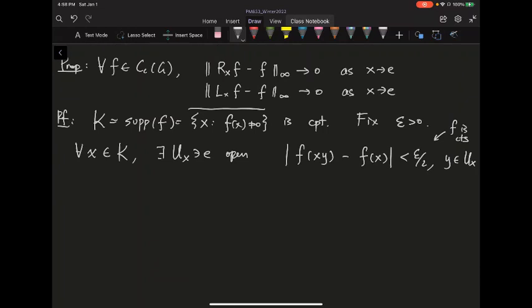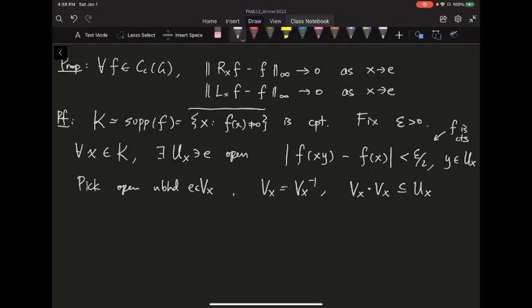Now a standard thing to do is to get a better estimate of this neighborhood. So let's pick some open neighborhood V_x of the identity e, so that V_x is symmetric, which is going to be useful, and V_x times V_x is again inside this U_x. So I pick something small.